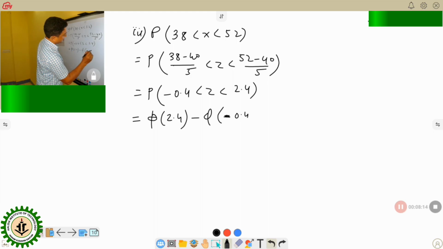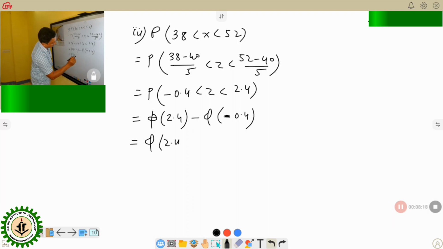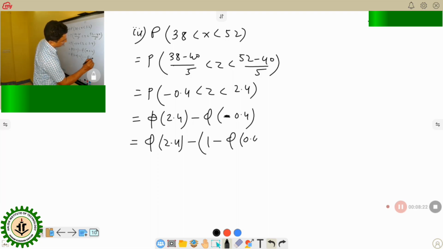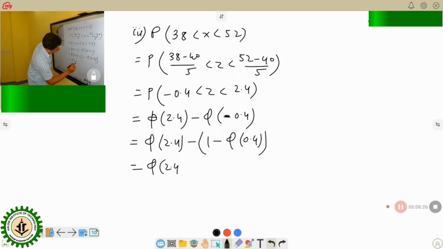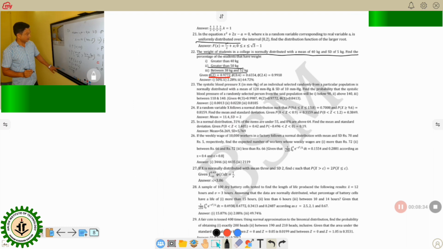minus 0.4. So this is equal to phi of 2.4 minus (1 minus phi of 0.4), which is phi of 2.4 plus phi of 0.4 minus 1. Now we will find the values.